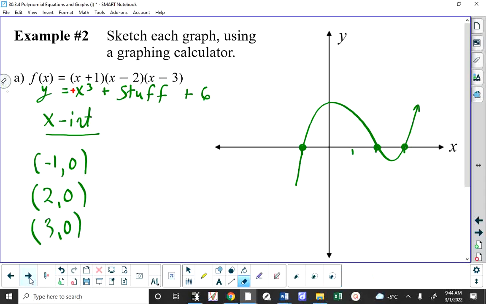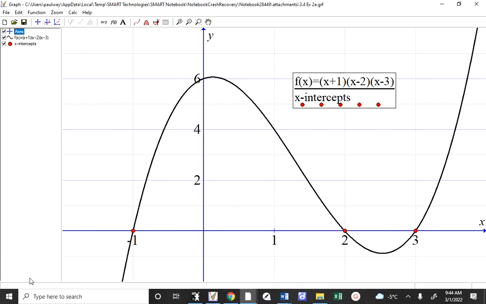So I don't really believe we need a graphing calculator or a graphing program to know that. And by the way, this would be at 6. You already have the skills right now to tell me all of the features of that polynomial function because it's in factored form. If we take a look at what my graphing program shows us, it looks like this. So we did not a bad job.